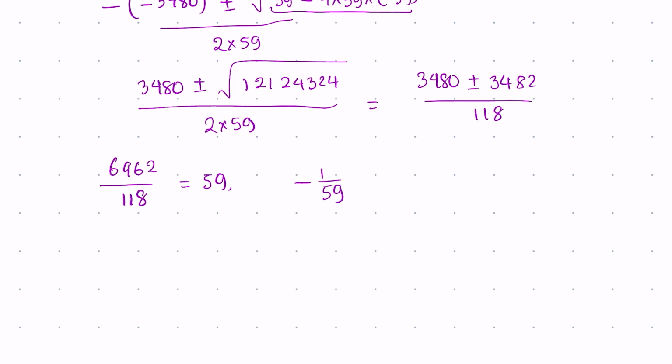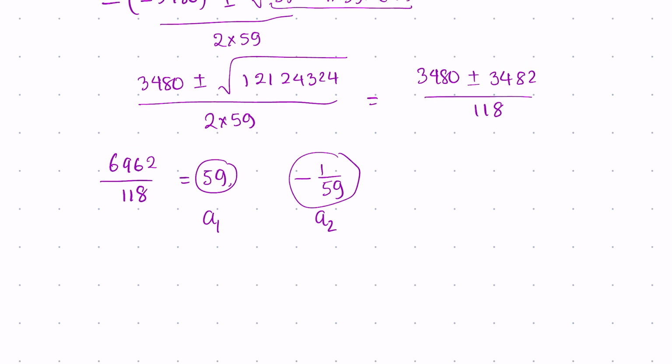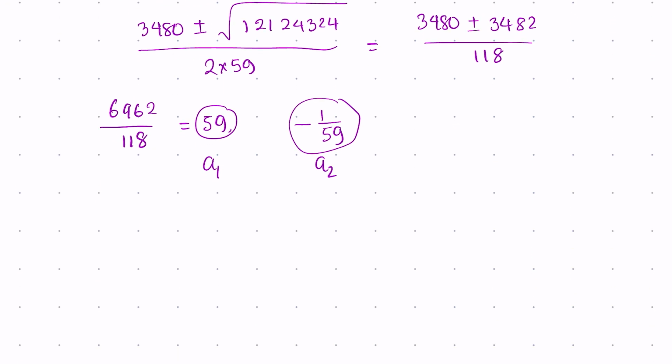So yeah, that's pretty much it. 59 and minus 1 by 59. So these are the two possible solutions. We can call them a1 or a2, whatever you want. Okay, so yeah, indeed reciprocal.